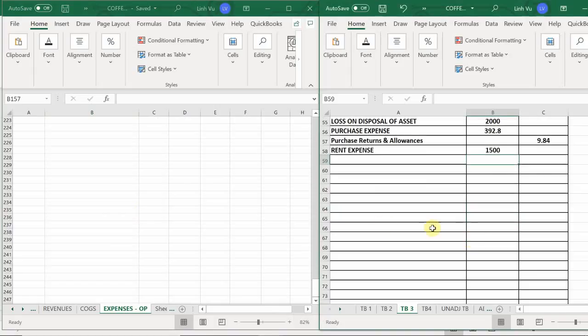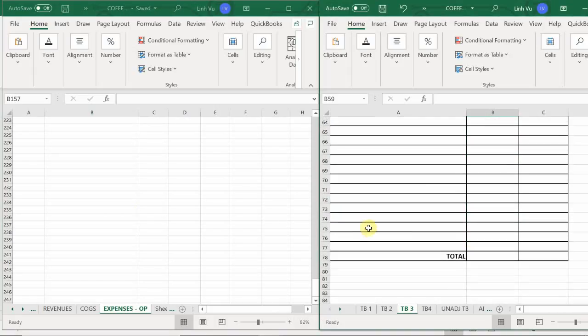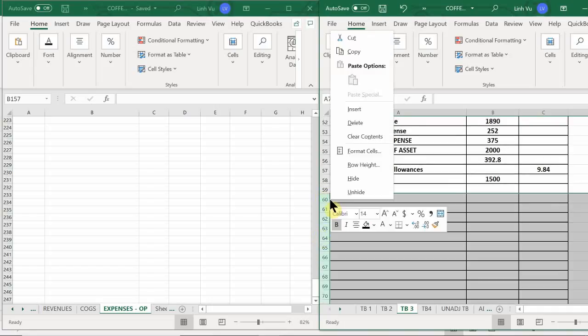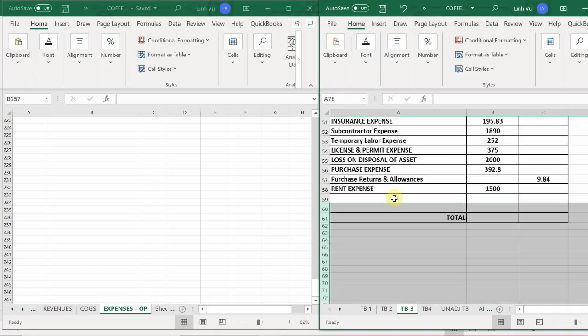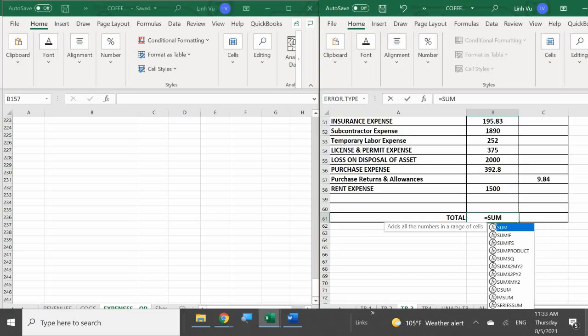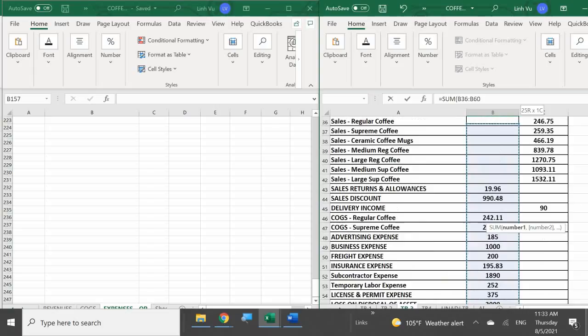So there we have it. If you have too much extra space, what you can do is just hide or delete all those extra cells here. So I'm going to delete that. Okay. And go ahead and run your formula, your equal sum for all of your debits.